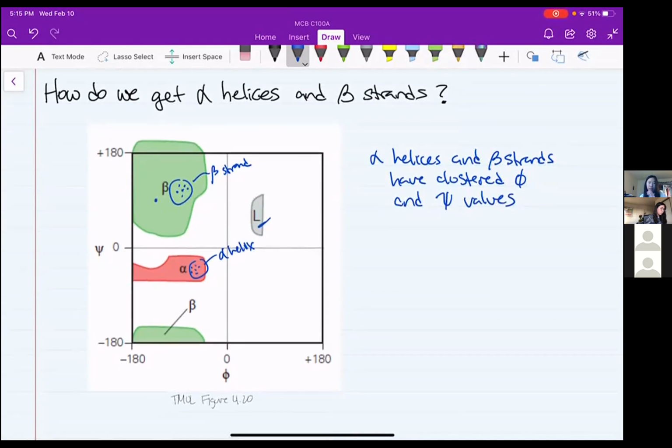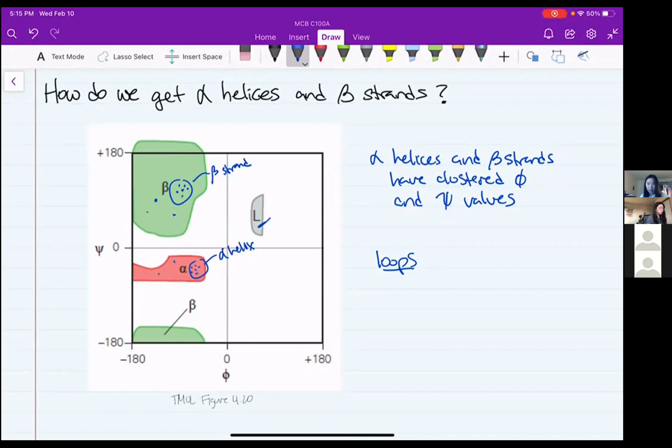But proteins aren't only alpha helices and beta strands, right? So you're also going to have some unstructured regions. These would be loops. And what we'll see in loops is that instead of clustering, you'll have consecutive residues with scattered phi and psi values. So you'll have one here and the next one here, here, here.